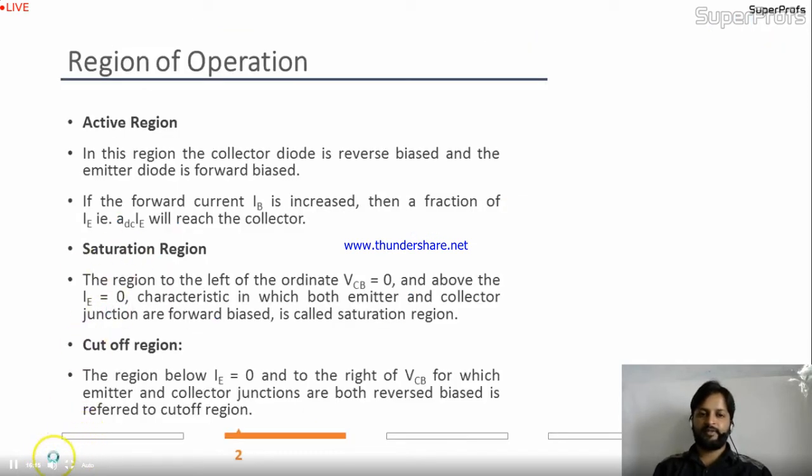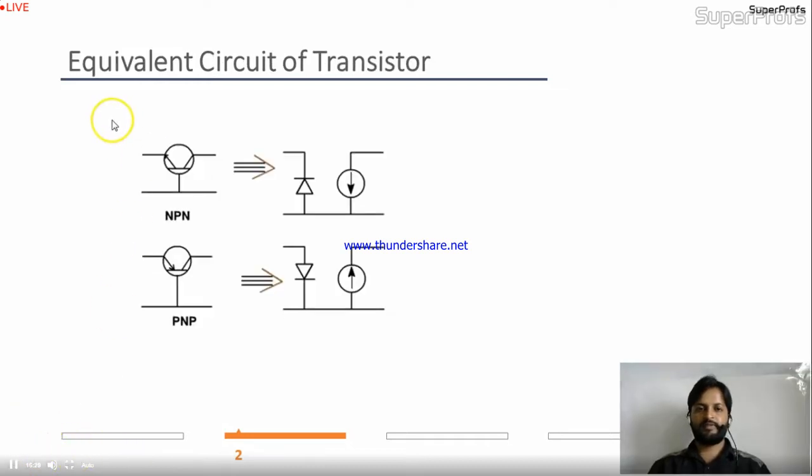The reason of operation is clear to you people. So this is the equivalent circuit of the transistor. Okay, let me take the pen first. NPN transistor. I told you earlier the emitter current will come out from NPN. Because in the NPN, we have seen the NPN, it was like this.